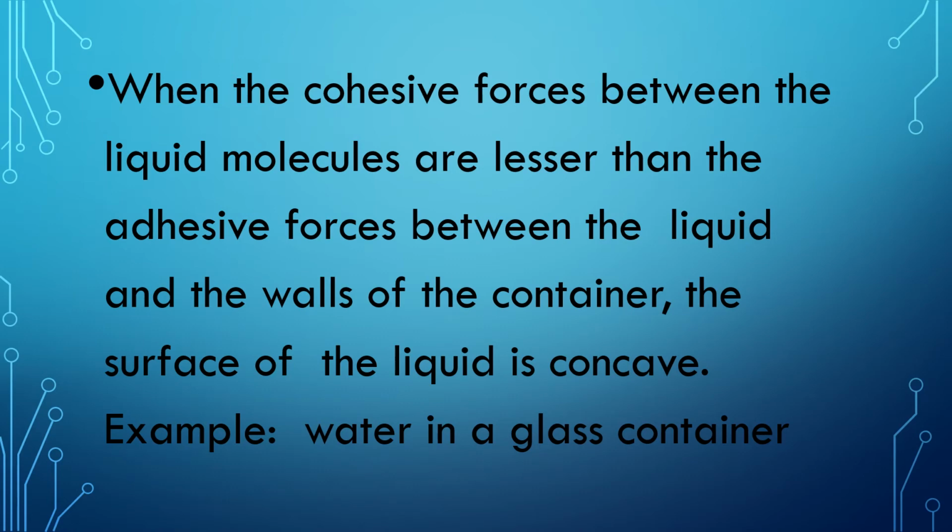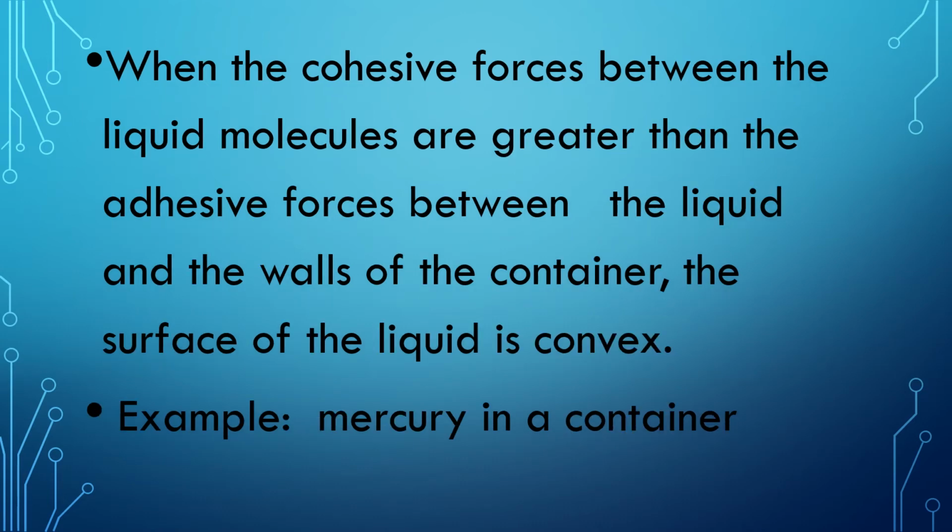So, sabi dito, if mas malakas or greater yung force ng adhesion sa isang liquid, it will usually form a concave, just like the water in a glass container. So, anong itsura nun? Later I will show you.